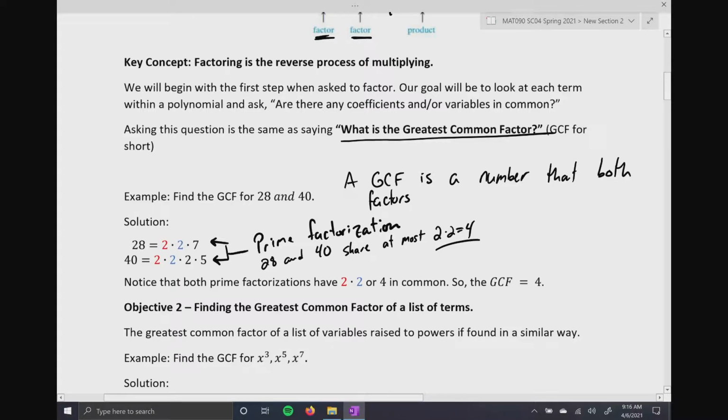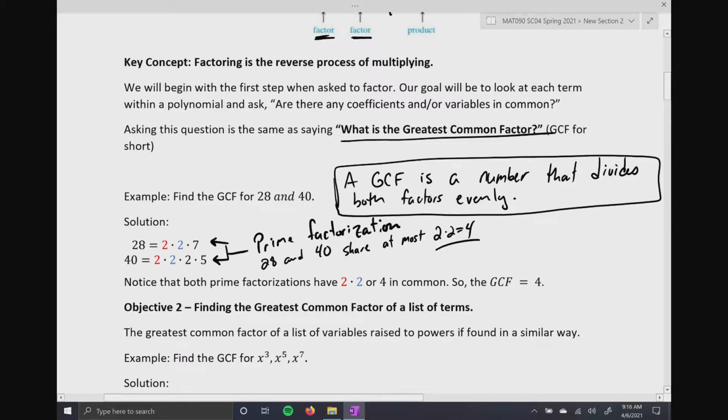Sorry, I have to write it first so that I know how to say it. That's what I wanted to say right there. A GCF is a number that divides both factors evenly.